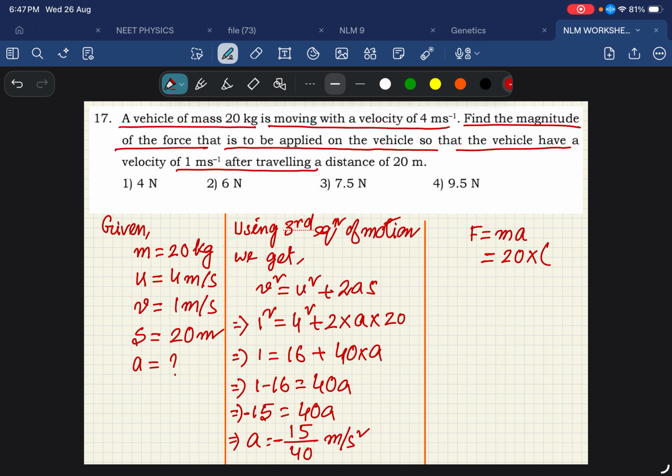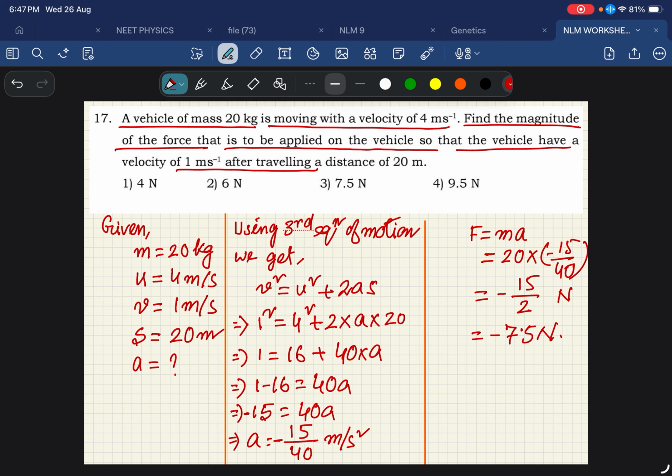Now if we multiply, you can easily see 40 and 20 will cancel and we'll be left with minus 15 by 2 Newton, which is nothing but minus 7.5 Newton.